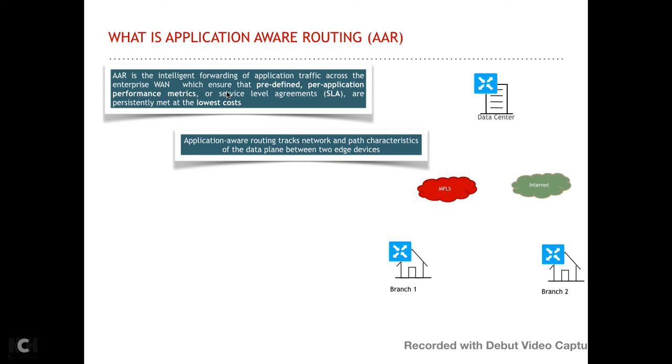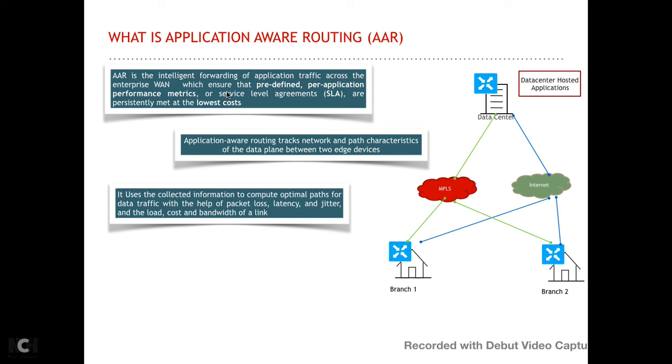So, in the standard topology described on these two points, you have two branches and a data center, with full mesh connectivity over MPLS and so on. You want to access some mission critical application hosted from a branch. So how does it happen? Normally, when the internet link or the MPLS transport comes up, the data plane comes up, whether it is IPsec or whatever overlay has been used. Most SD-WAN vendors have their own mechanism of gathering the characteristics, and most normally use BFD.